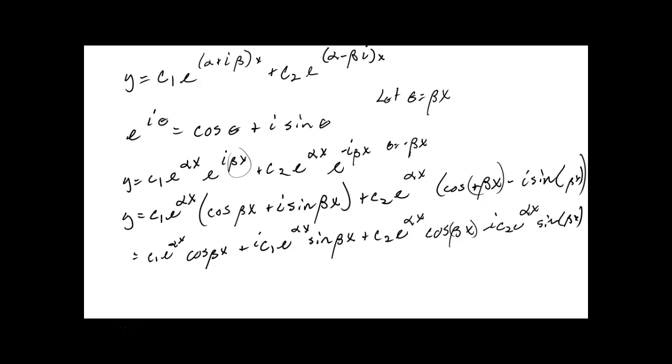and you'll see in the book it says where cos(−βx) is the same as cos βx, so that's why we did that part. sin(−iβx) is minus sin βx.